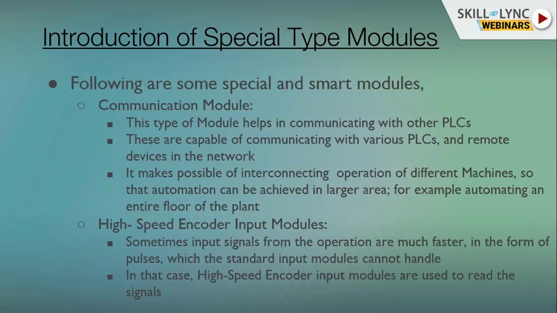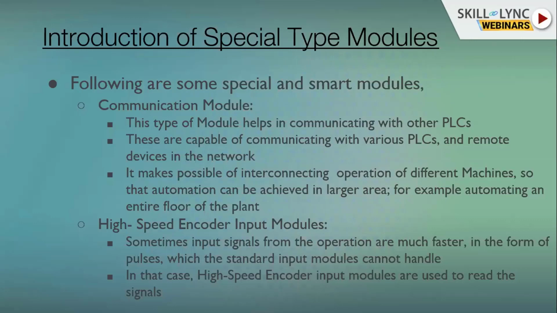First is communication modules, because sometimes we have machines which need to be connected with other machines to run a batch process. One machine finishes its operation, then the next machine starts its operation. We need to know when one machine has finished its operation, so we need a communication method by which one PLC can know that the previous machine's operation is finished, so that it can start its own.